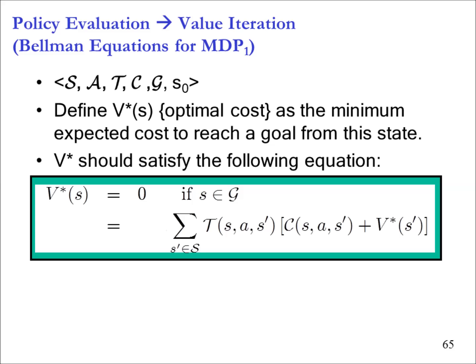Which action should I be doing? The best action. Minimum expected cost to reach the goal. So what do? I take the minimum. This is my system of equations for a Markov decision process. If you got this, you got this class.